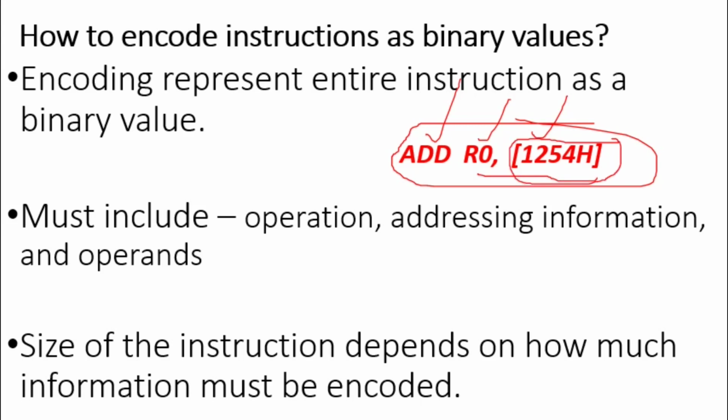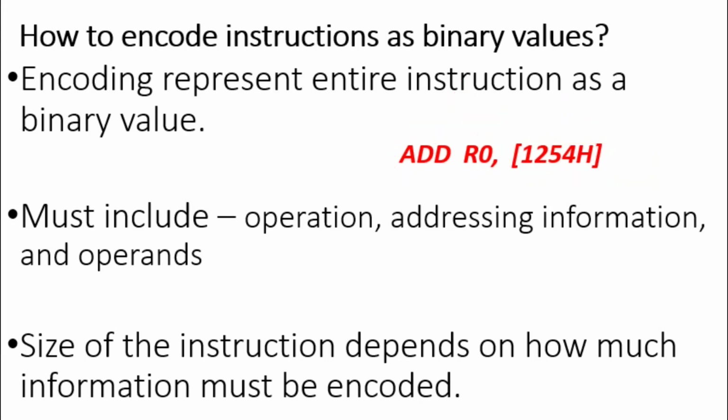If we encode all these details, then when the processor decodes this instruction from the memory, it must be able to understand which operation you intended to do on which operands and what the values of those operands are.